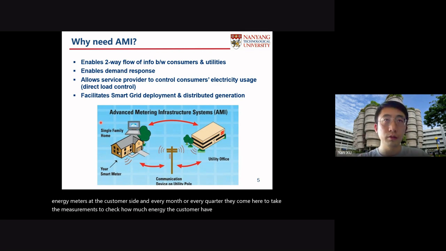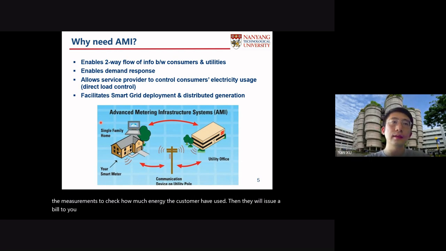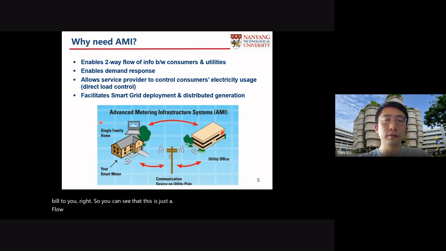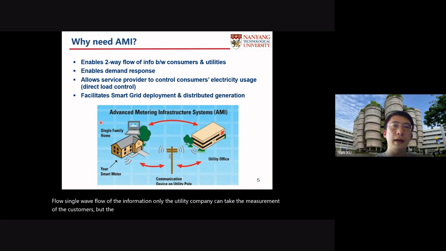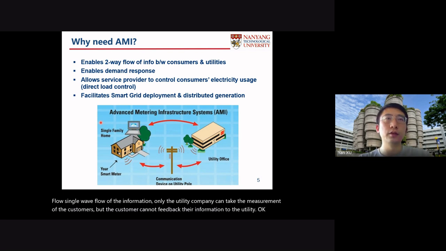Then they will issue a bill to you, right? So you can see that this is just a single-way flow of information. Only the utility company can take measurements of the customers, but the customer cannot feed back their information to the utility. Okay, so that is the traditional practice.